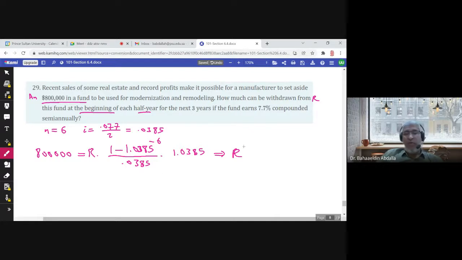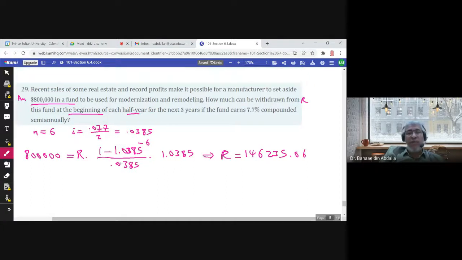And the answer would be 140,235.06. That's the answer, and I hope you understand now the present value of annuity due.